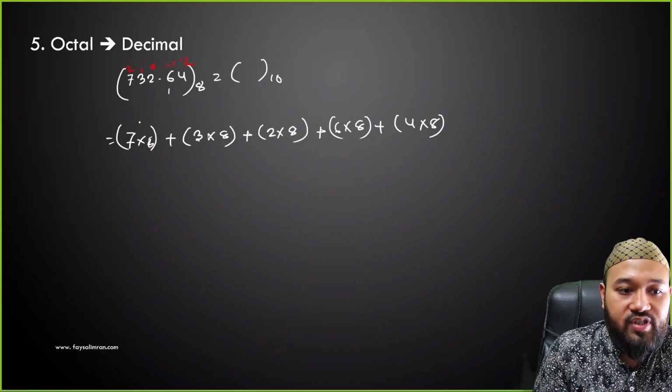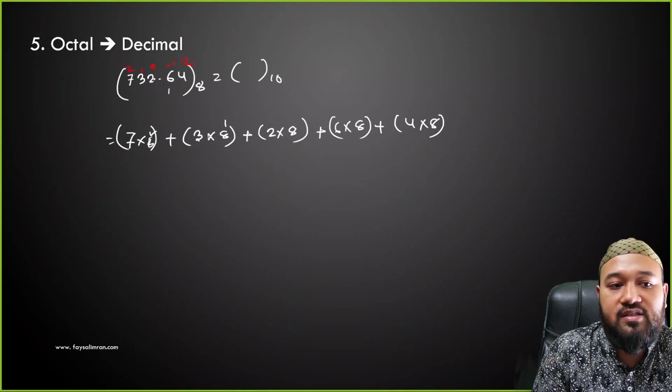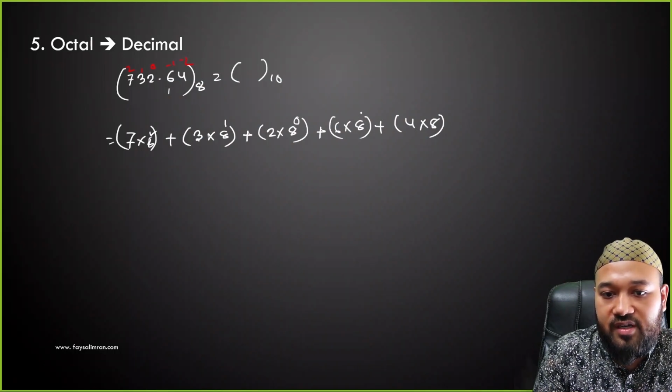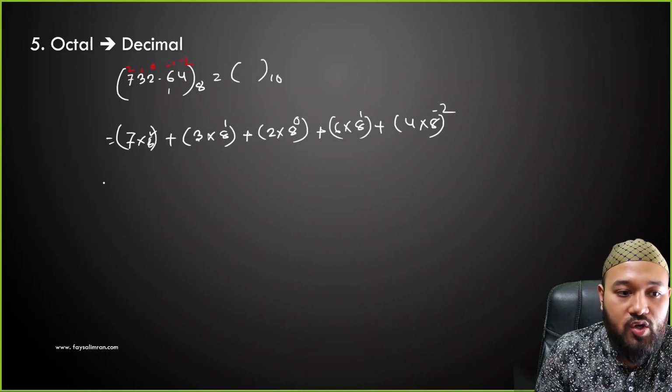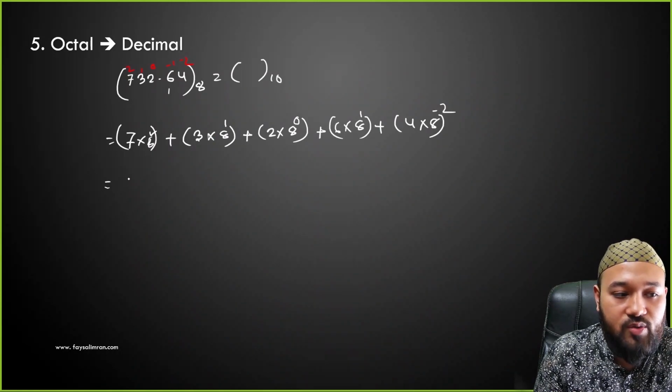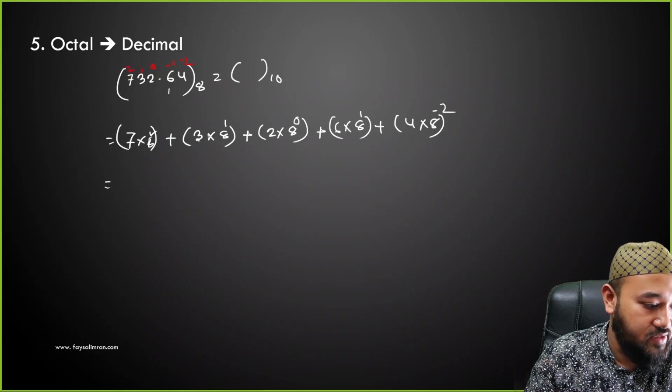Then we put the powers: 8 square, then 8 to the power 1, for 2 the power is 0, then for 6 it is 8 to the power minus 1, and for 4 the power is minus 2. So 7 into 8 square, what does it mean? 8 square means 64, 64 into 7.